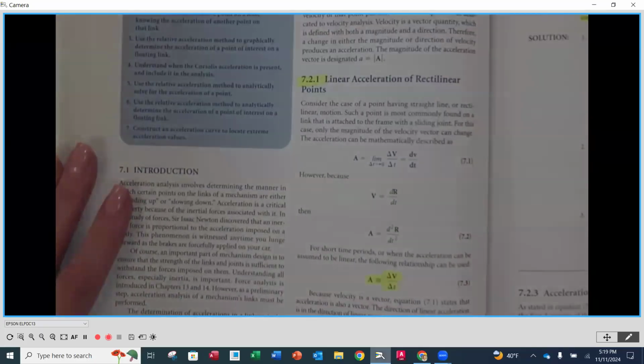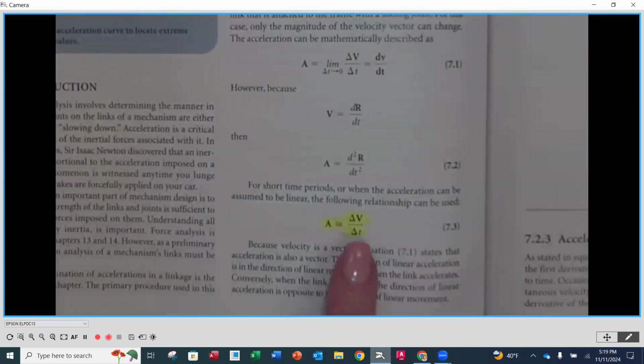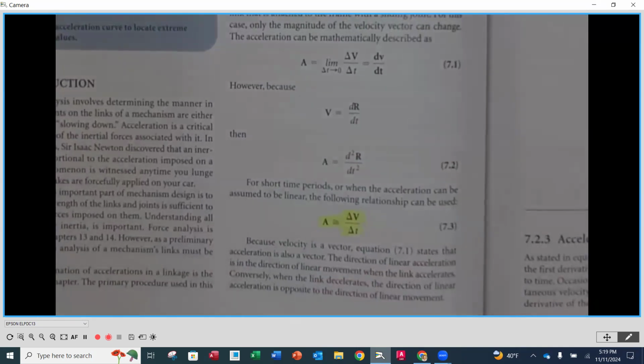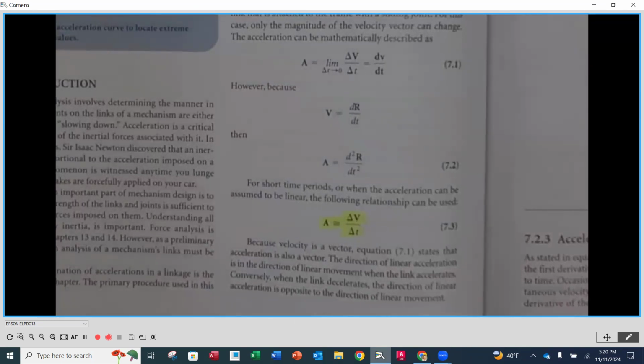Down here at the bottom of our second column on page 170, this is our standard accepted equation for acceleration. Acceleration is equal to the change in velocity divided by a change in time, or how much our velocity changes over a known duration of time that it took us to do that.